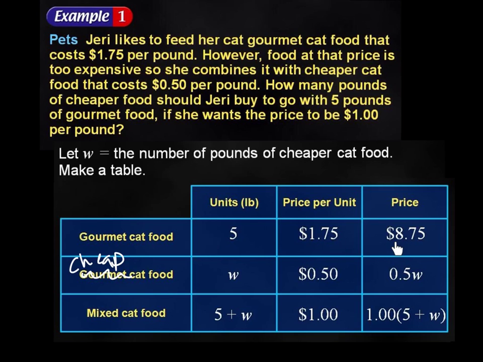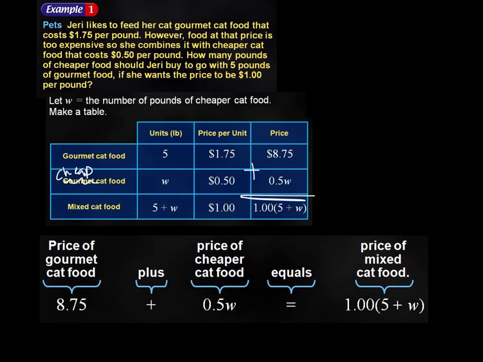So we know we're paying $8.75 for the 5 pounds of gourmet. 50 cents times W, 0.5 W, and then the total, so all together, we want to pay $1 per pound times 5 plus W. So summing up, there's our equation written horizontally: $8.75 plus the price of the cheaper, 50 cents times W, the number of pounds, equals the price of the mixed food, which we said was $1 times 5 plus W.